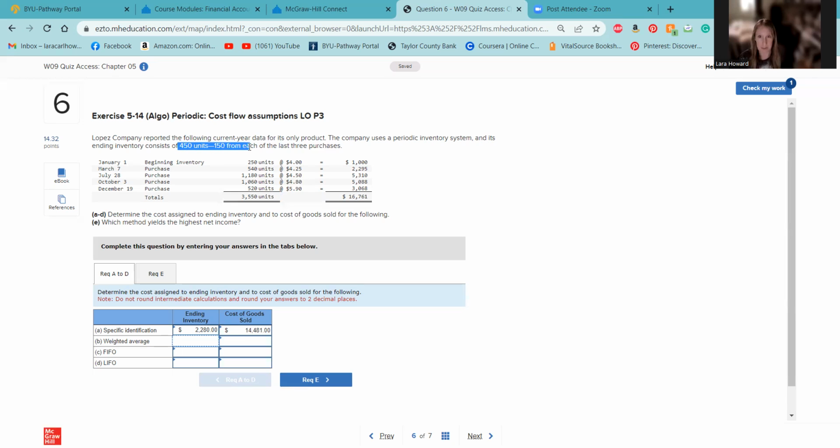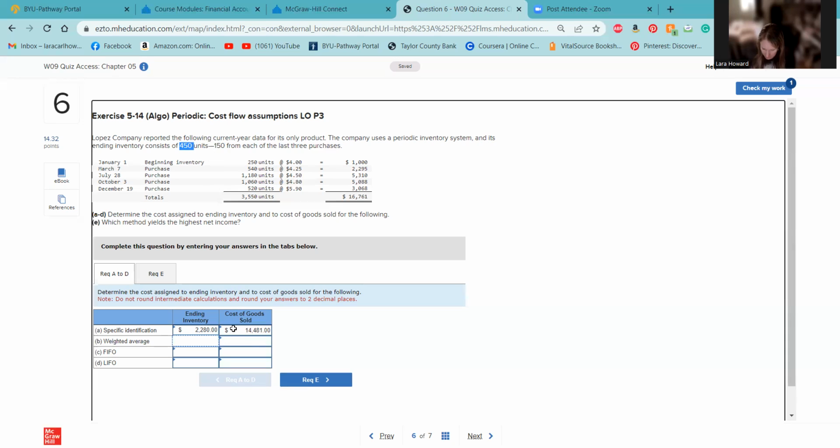Then we take that number and multiply it by the 450 units right here. So 450 units times $4.72 per unit equals the ending inventory of 2,124.